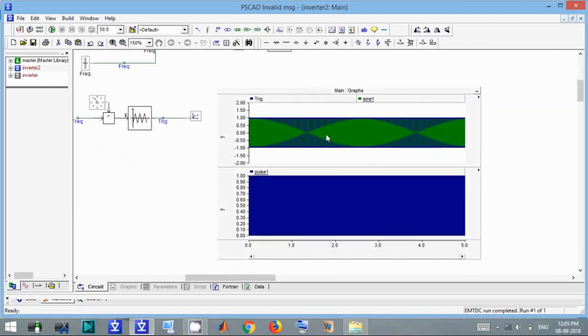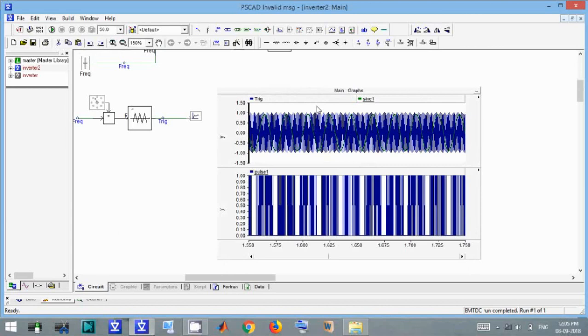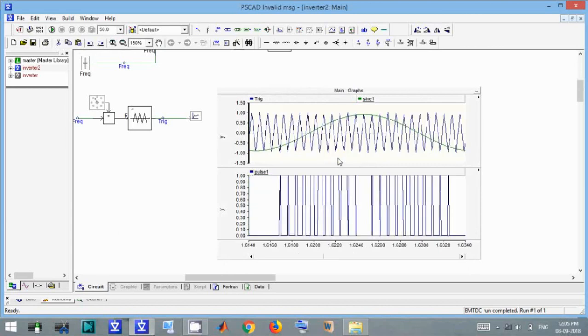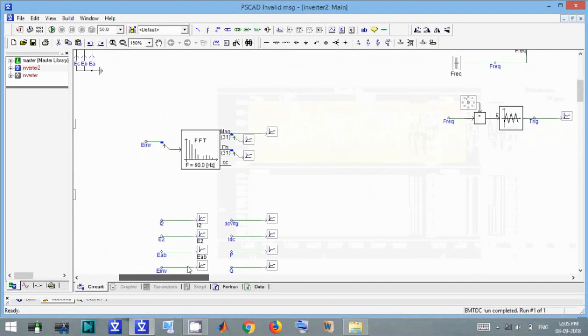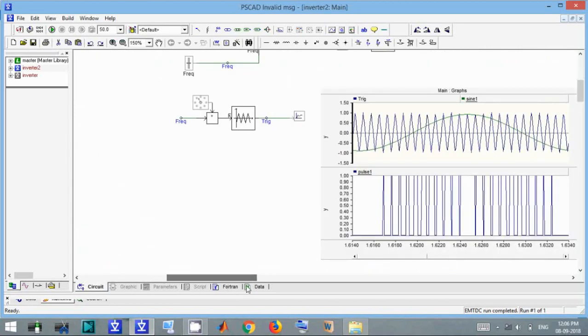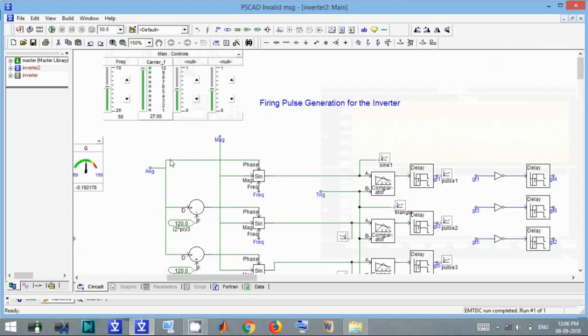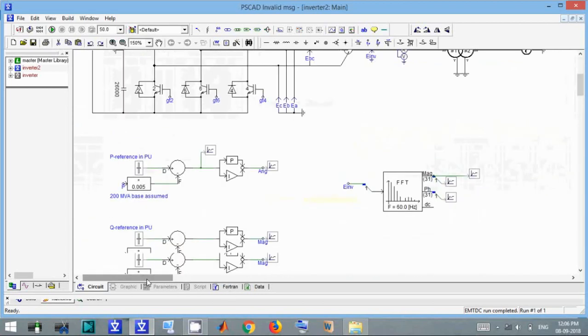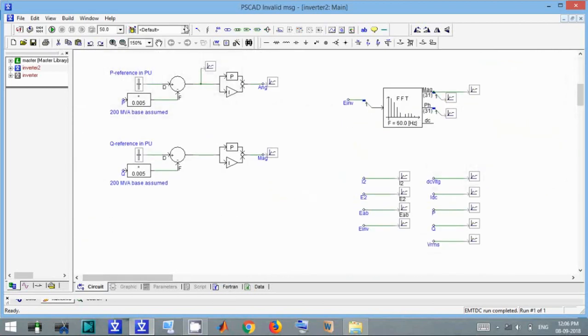You can see that this looks just like the previous model, but the difference is that it is a closed loop system, where the magnitude and phases of the sinusoidal waveform generator are taken from a closed loop control.